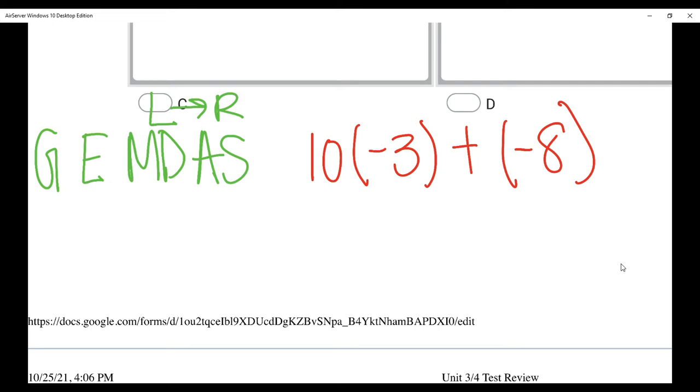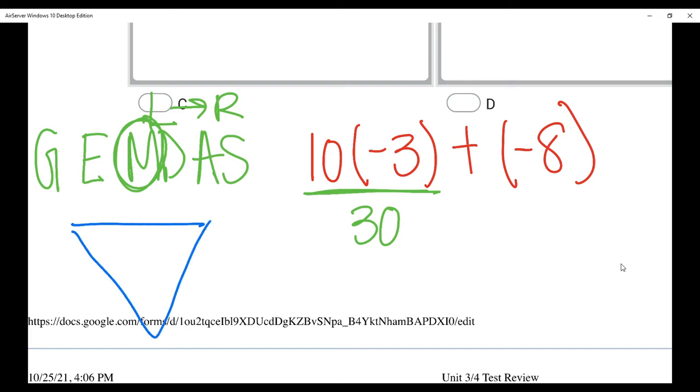Okay, so I've got multiplication. Remember, this is multiplication if there's parentheses and there's nothing in between. And then I also have addition. So multiplication obviously comes first. So I'm going to do 10 times -3. Okay, so remember we're going to multiply regular. So 10 times 3 is 30. And then we do our Dorito Man to figure out the sign.